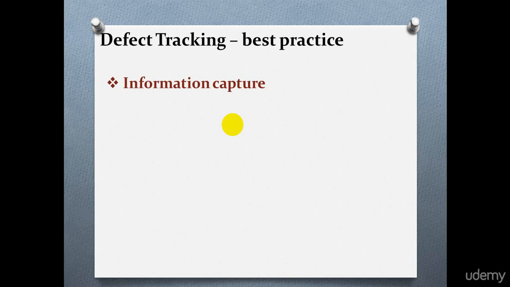Defect tracking must be simple enough so that people will use it, but cannot be oversimplified because it must capture vital information about the problem. For example, determine what information is needed on description, products, and screenshots. Information should be added as the issue moves through its life cycle.